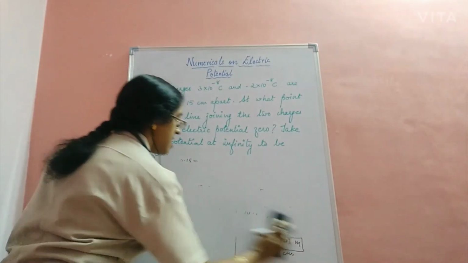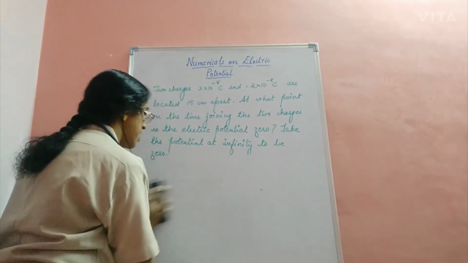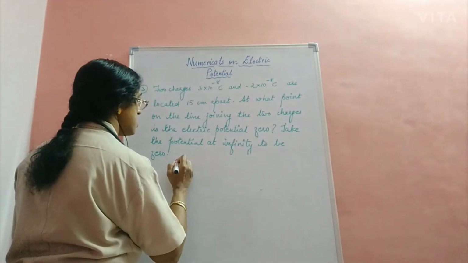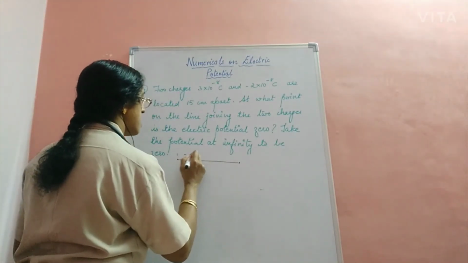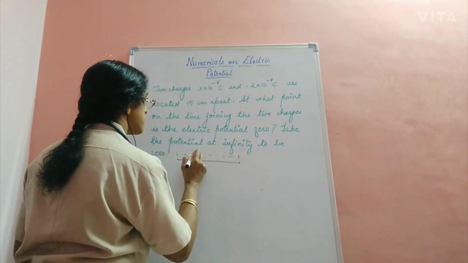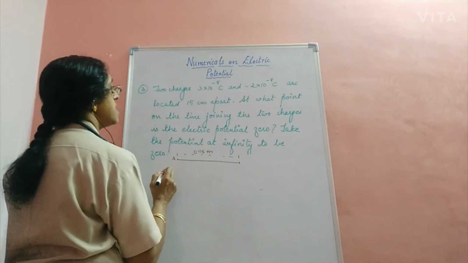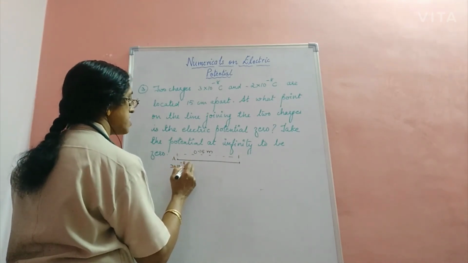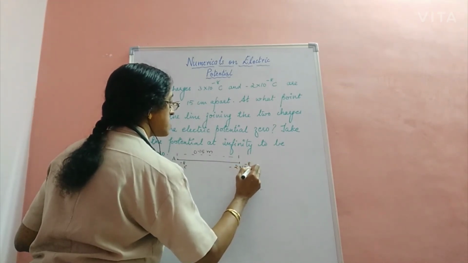That is, I'll suppose another condition, I'll draw another diagram. For that, I'm supposing that these two charges are again separated by the same distance, that is 0.15 meter. It is again at A, that is 3 into 10 to the power of minus 8 coulomb. This is minus 2 into 10 to the power of minus 8 coulomb.